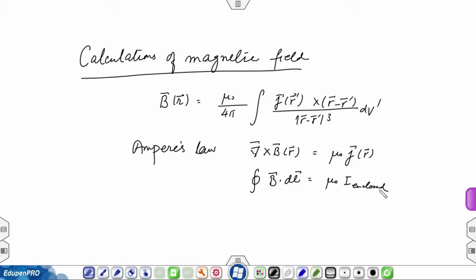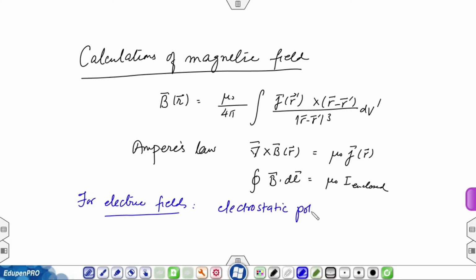However, if you recall, calculation of electric field was facilitated by the calculation of potential, because for electric fields, there was an electrostatic potential, which was a scalar quantity.